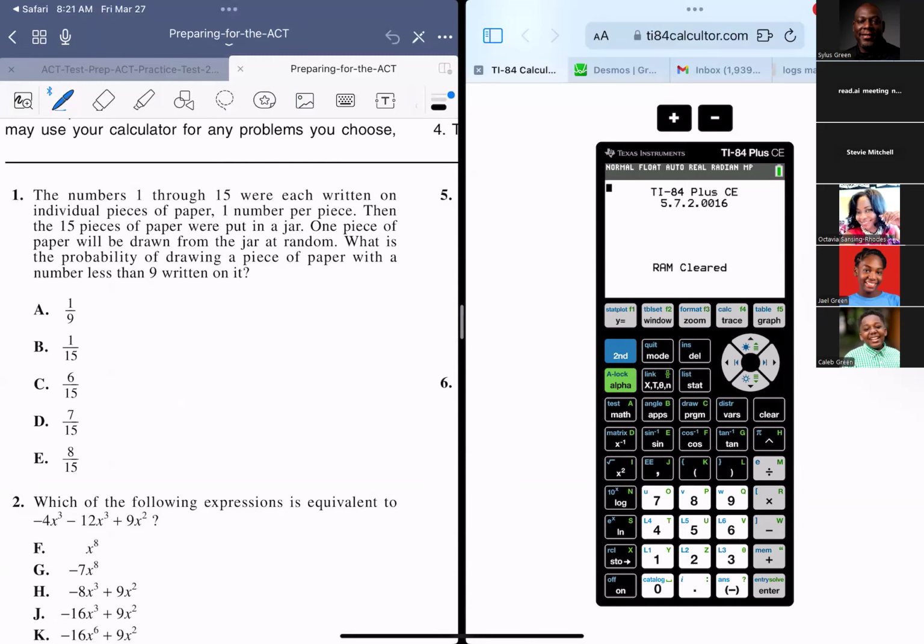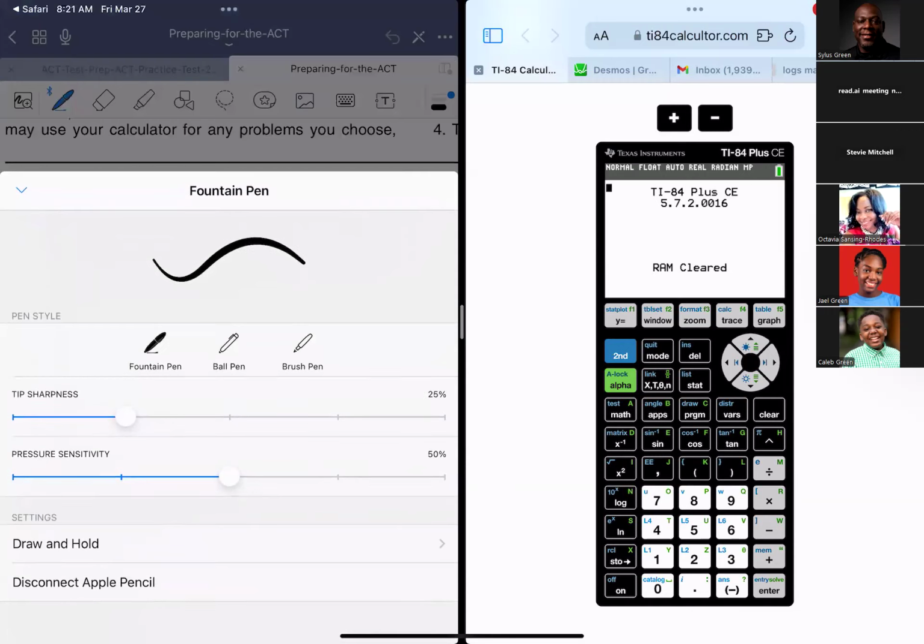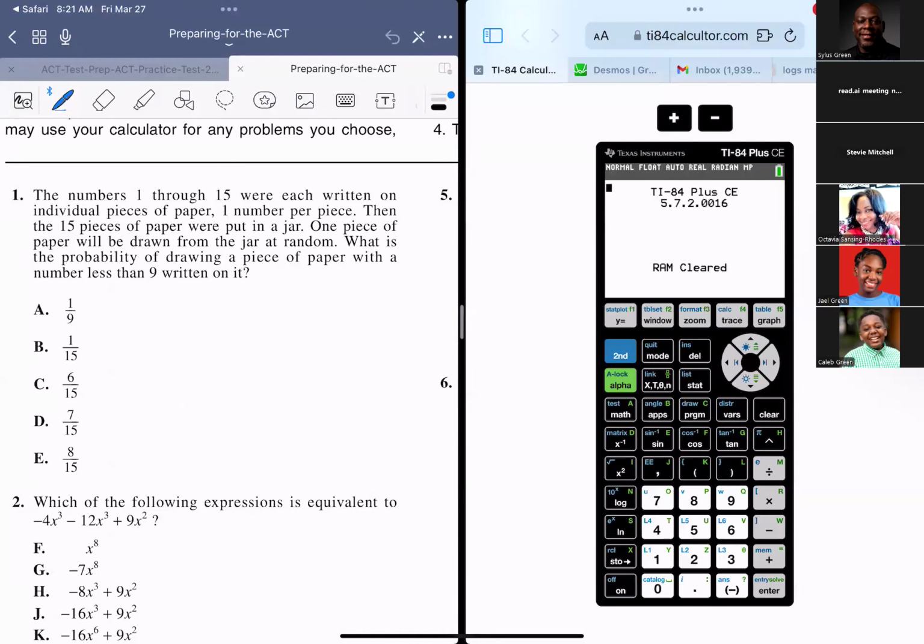Okay, so this one I would not use a calculator. Since it's a probability question, most probability you don't really have to use one. So it says there's 15 pieces of paper. What's the probability of drawing a piece of paper with a number less than 9?